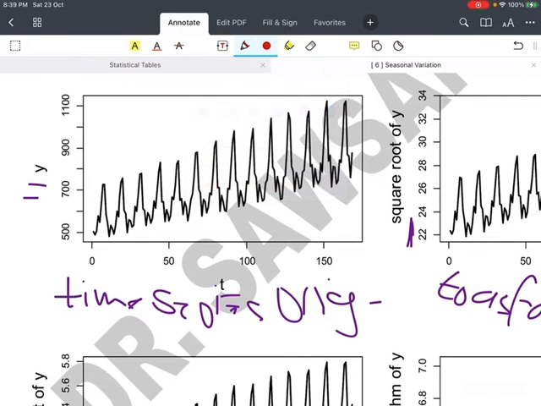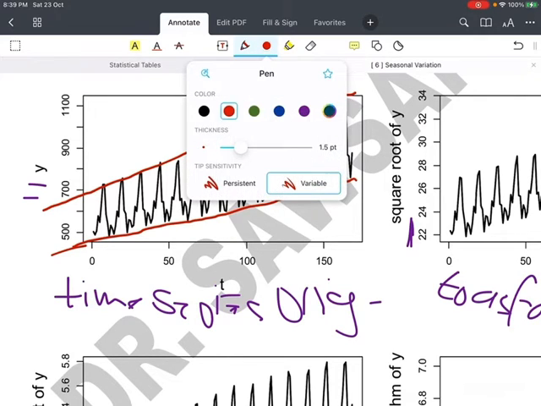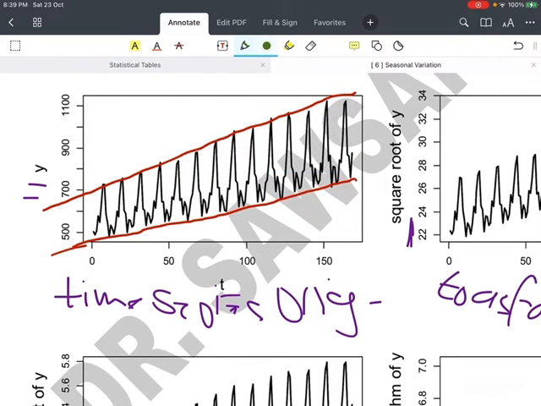So here we will draw the lines. Why was the second question asked? Because the first question, do we have seasonal variation, they already told me yes we have. So the second question is what is the type? Now they want the type. The type is found by drawing the time series. So we will check for the parallel lines, whether the spaces are increasing or not.